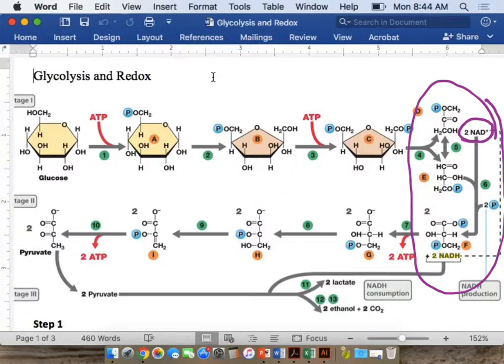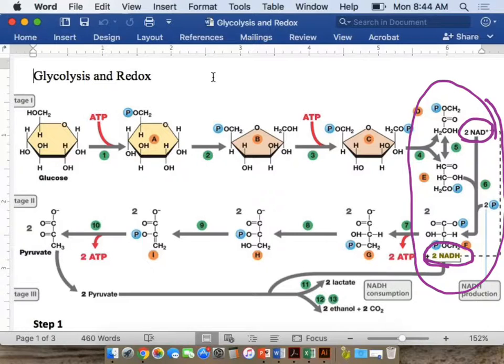That's an electron acceptor. It gets reduced to form NADH, and that is definitely an indicator of a redox reaction. Again, NAD plus and FAD are 2 of our major electron acceptors in redox reactions.